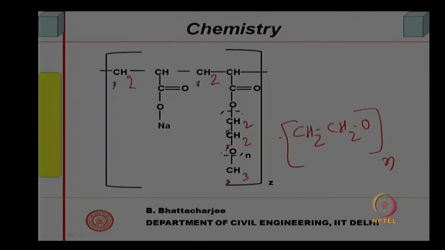So there is an ether here. This is the polycarboxylate, sodium carboxylate, so sodium is there in the acid, and in this one, instead of sodium, there is another ether polymer, a copolymer. You can see this is sodium, this will get dissociated, this will attach to the cement particle.